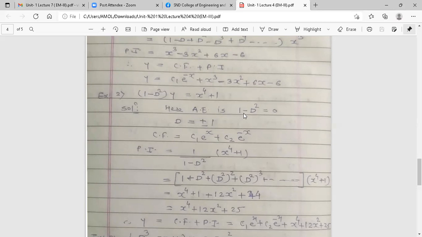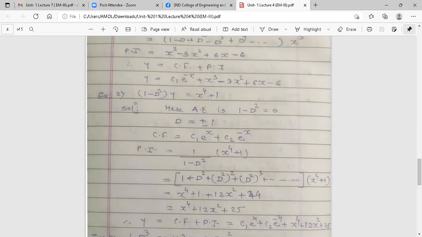So the factors for this quadratic equation are: if we shift this minus D square, it will be plus, so D square is equal to 1, which means D is plus or minus 1. So the complementary function is c1 e raised to x plus c2 e raised to minus x, because there are two roots and they both are real and distinct.